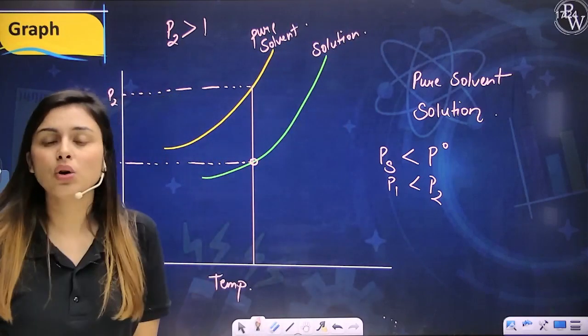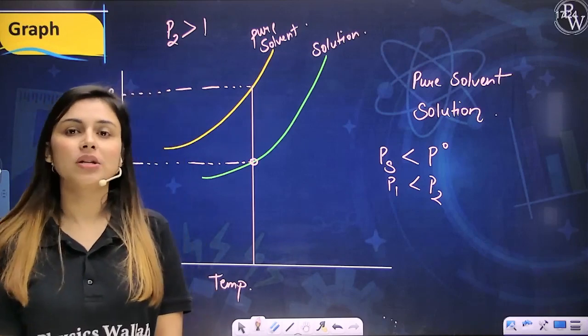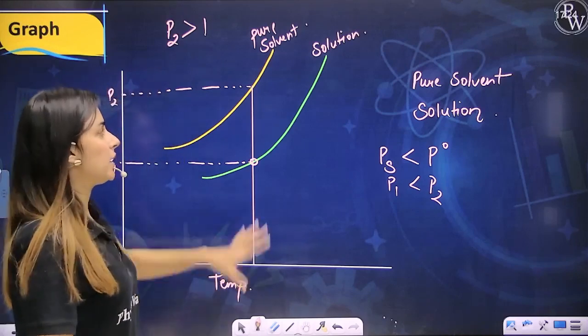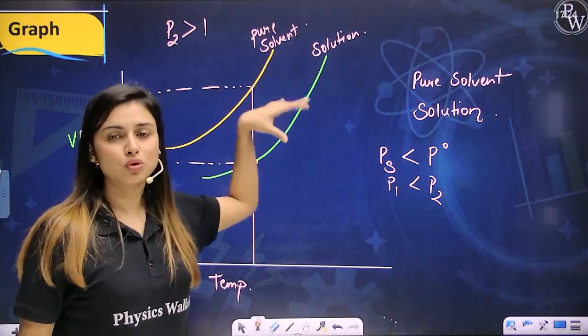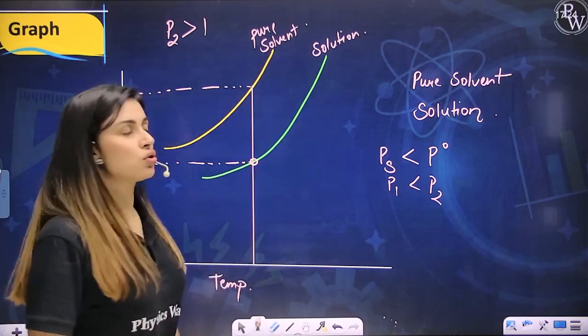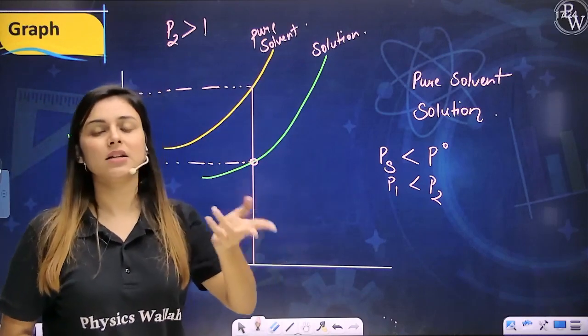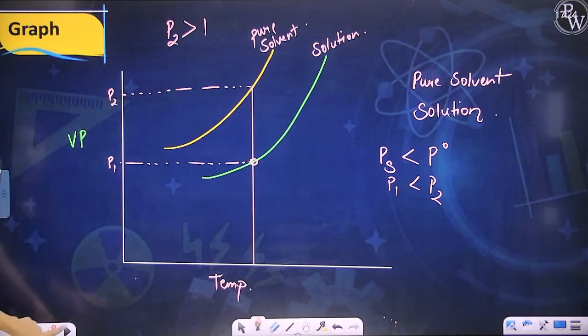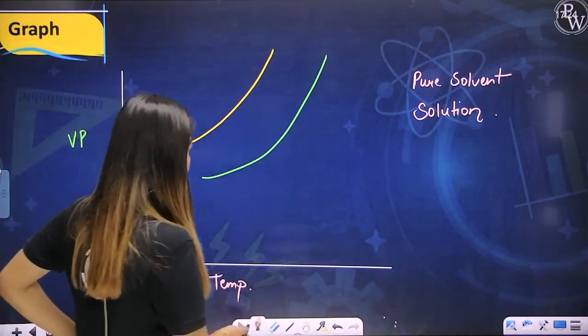This is how you find out which is your pure solvent and which is your solution. Okay, let's talk about the other possibility. What can you do?